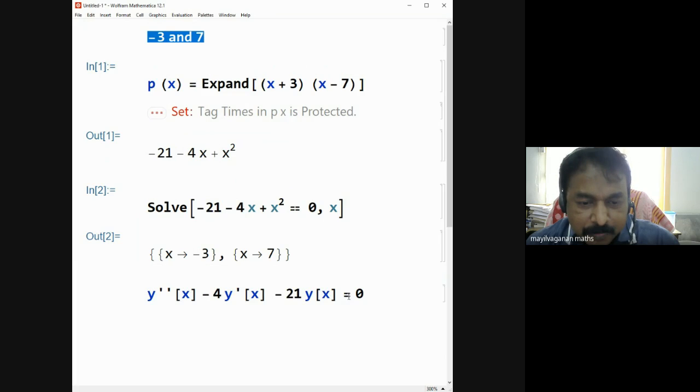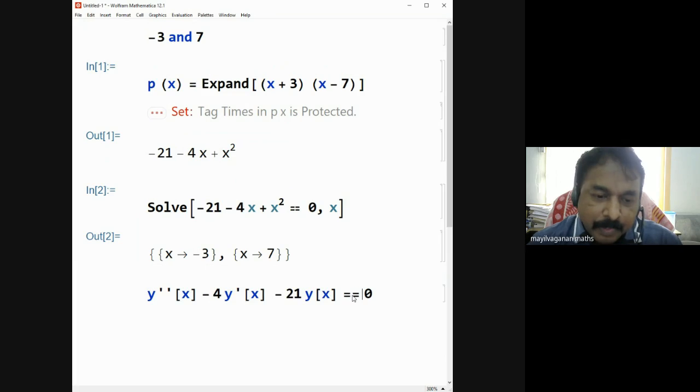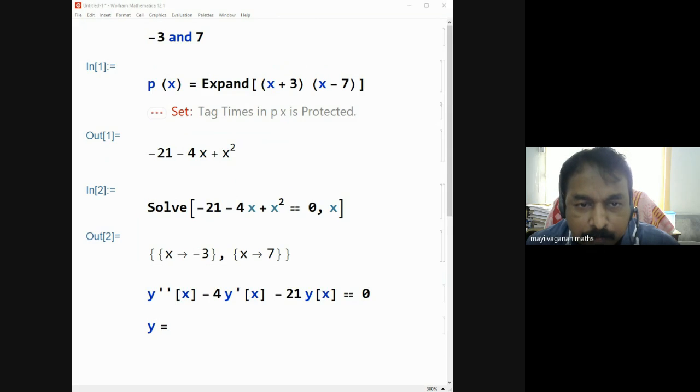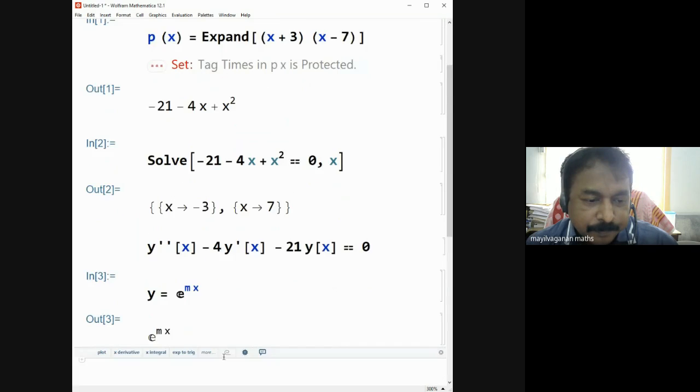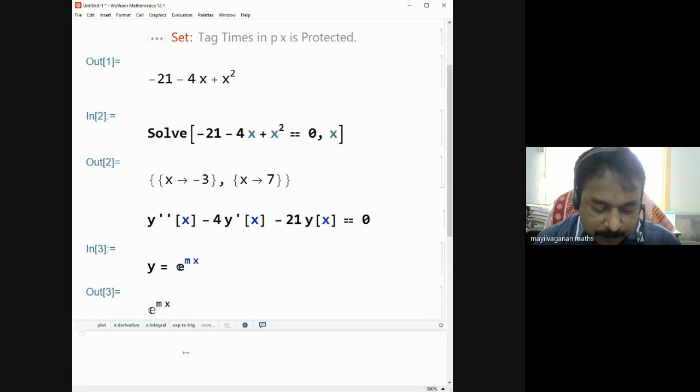Okay, so how to solve this equation? For this, what we do is we normally take y to be e power mx in order to compute the equation.